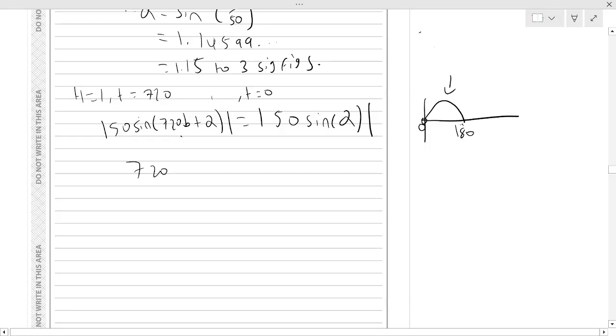So 720 plus beta plus alpha has to add 180 on to then get alpha. Oh no, sorry, that's wrong. Plus alpha is alpha plus 180, right?